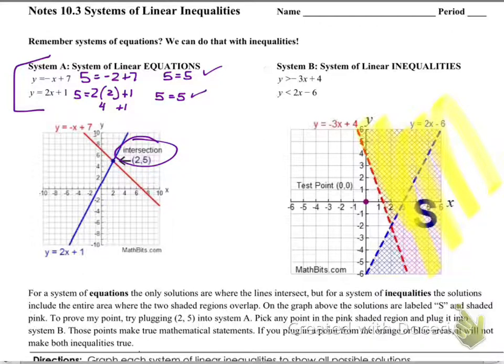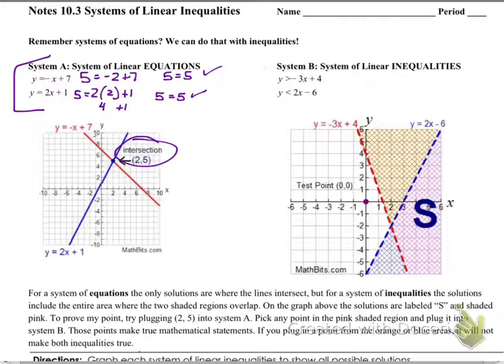And that's what this person did, and then they went back and looked at the equation y is less than 2x minus 6, and they graphed that one, and that would cause you to shade down here. If you notice, where those shadings overlap is this section here. That means that area holds all of the points that make both of these equations true.